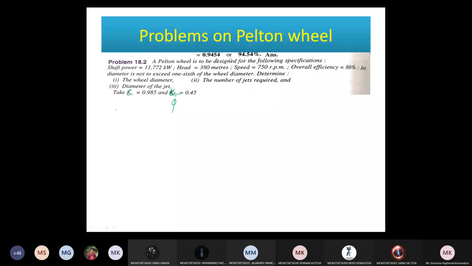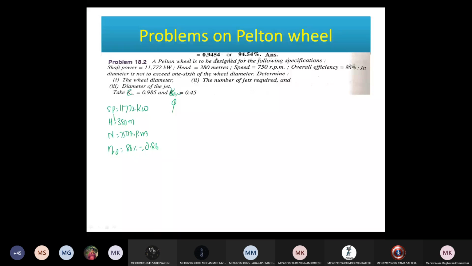Shaft power 11,772 kilowatts. Head is equal to 380 meters. Speed N is equal to 750 RPM. Overall efficiency is equal to 86%, which is 0.86. Jet diameter is not to exceed 1/6 of the wheel diameter.